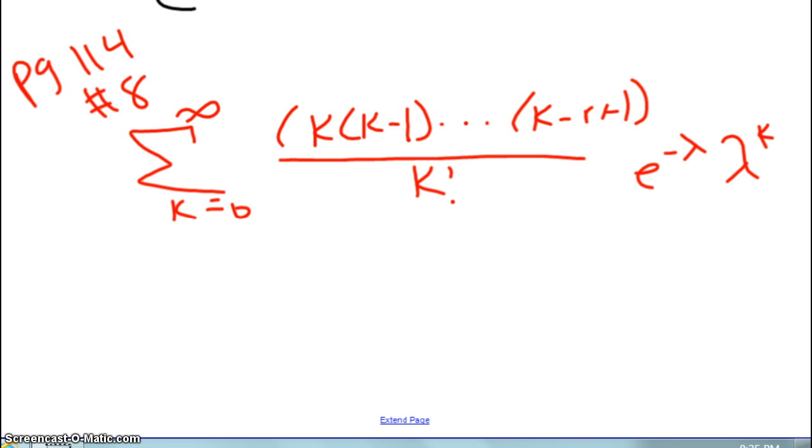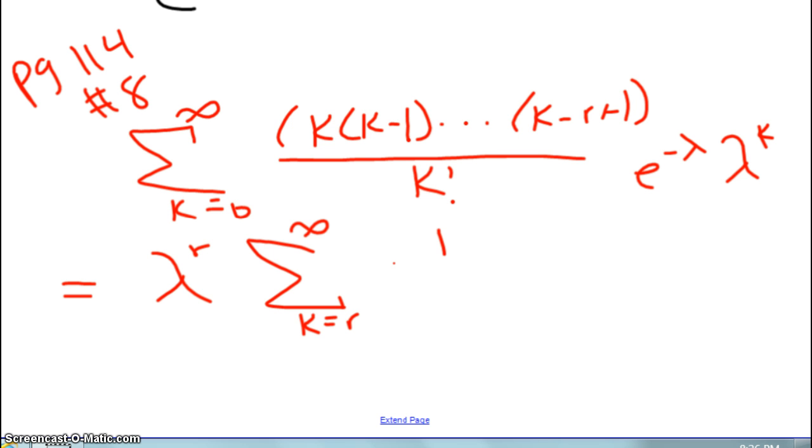We can continue to manipulate this like we've done before, which will give us the lambda to the r out front. So we're going to have lambda to the r, the summation from k equals r, so instead of k equals 0, yet again, we're going to change it so that we can have a better view of what's going on.